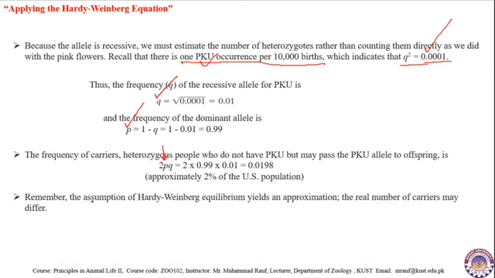Remember, here they have simplified the equation, and the number of individuals that are carriers for this condition is 2%. So 2% of the population in the United States is carrier for PKU.